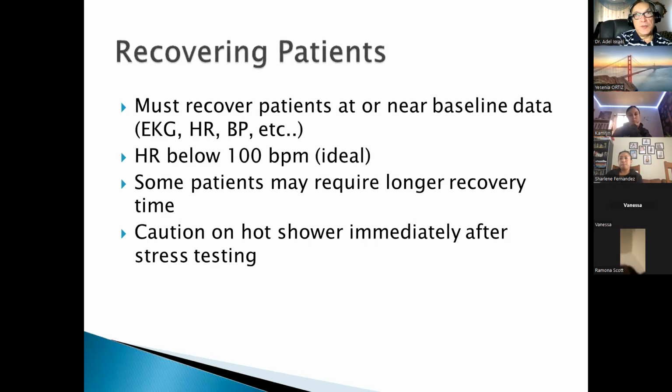The blood pressure also comes back to the baseline, and we do an EKG and restore the typical picture of the baseline before the stress test. Okay? Some patients may need more time for recovery. It's okay. And this is the question, as I told you: caution on a hot shower immediately after stress testing.